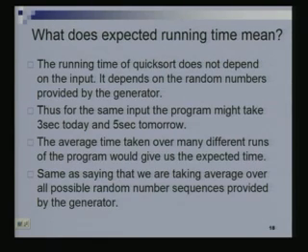We are doing this for one fixed input. If I fix an input and compute this value, it turns out to be n log n. And nowhere did we use what the input was. No matter what the input is, your expected time is turning out to be n log n.